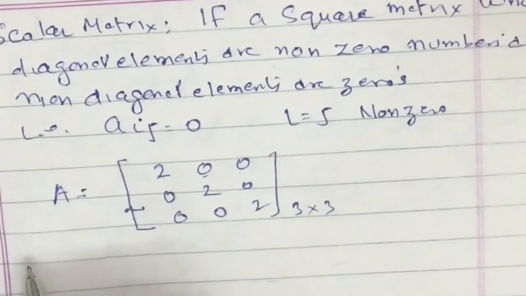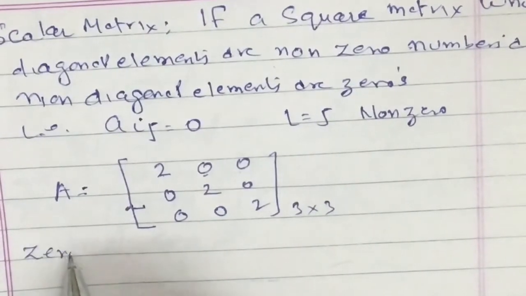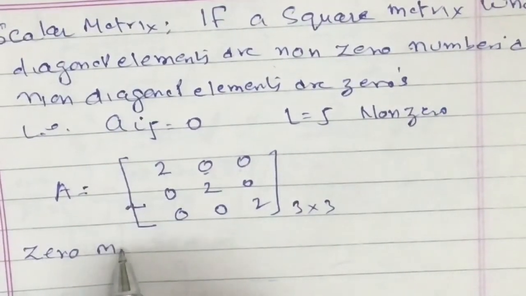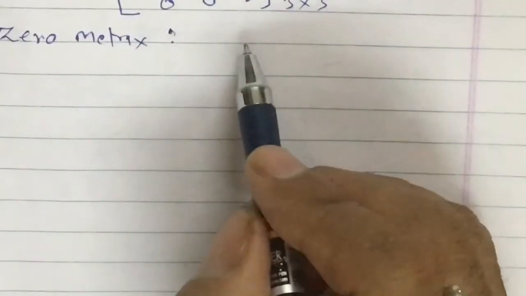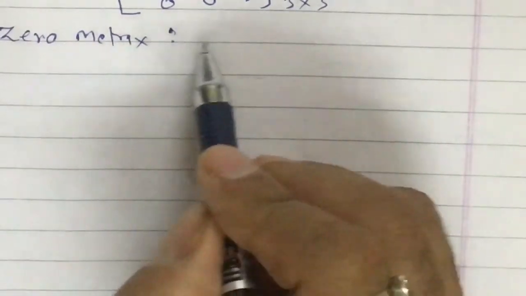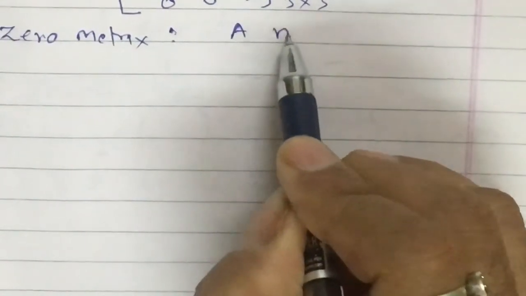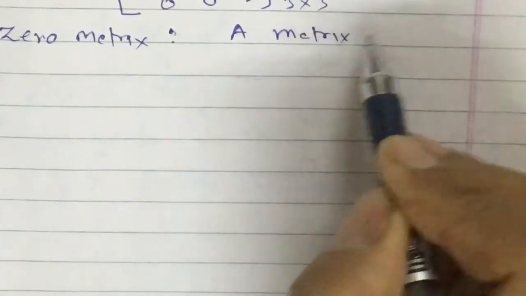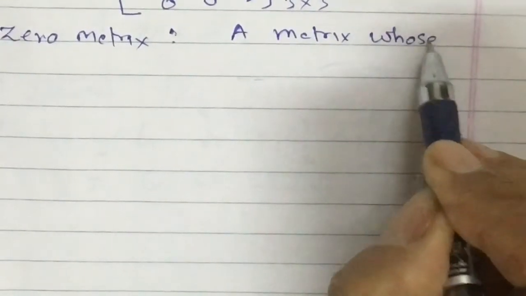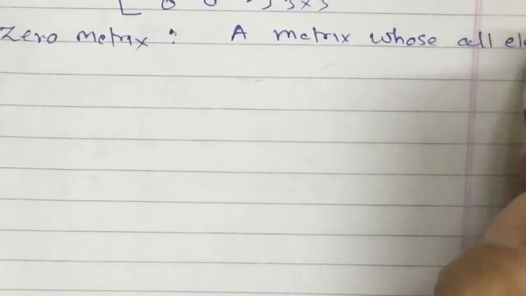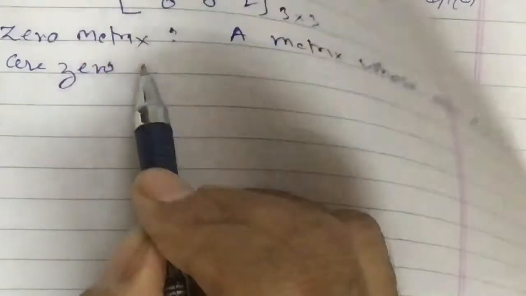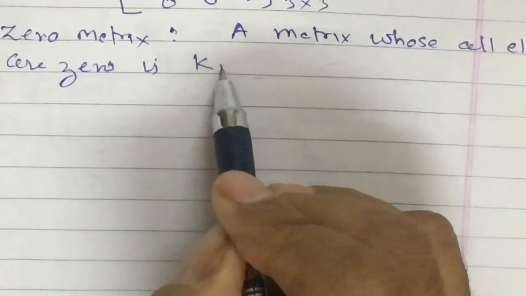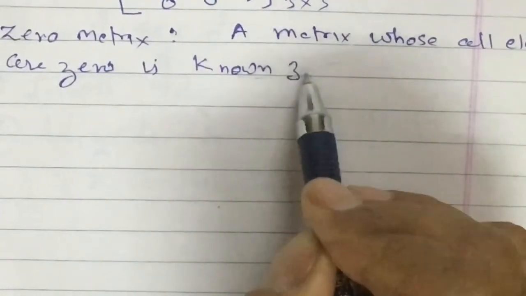Now we want to know about your zero matrix. A matrix whose all elements are zeros is known as zero matrix.